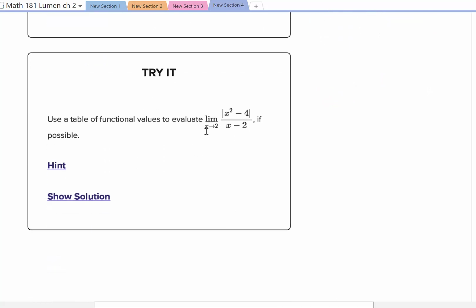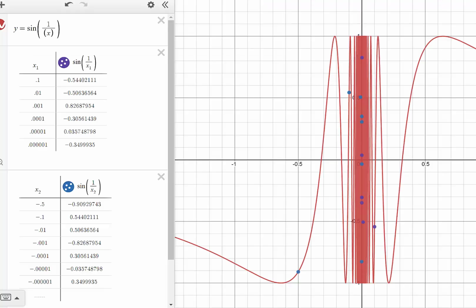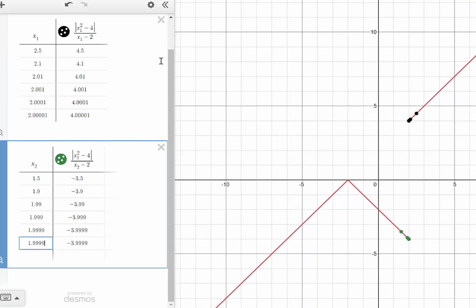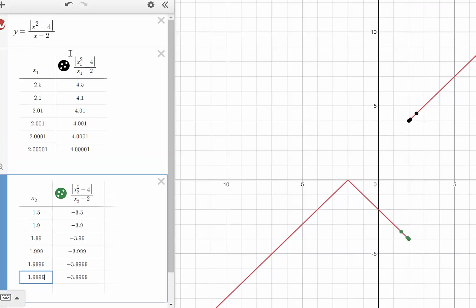Okay, I have one more to do here. This is the limit of the absolute value of x squared minus 4 over x minus 2 as x approaches 2. So once again, let's jump over to Desmos. We're talking about as x approaches 2, so we're looking at this value right here. On the right side, which is these black dots, 2.5, 2.1, 2.01, and so on, it looks like we're getting closer and closer to 4.